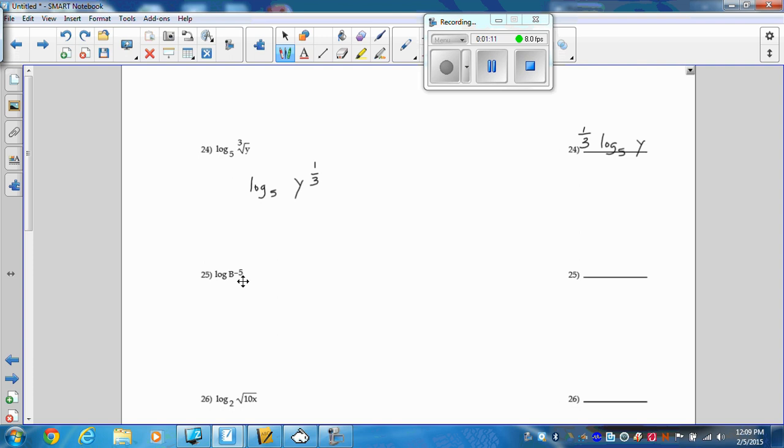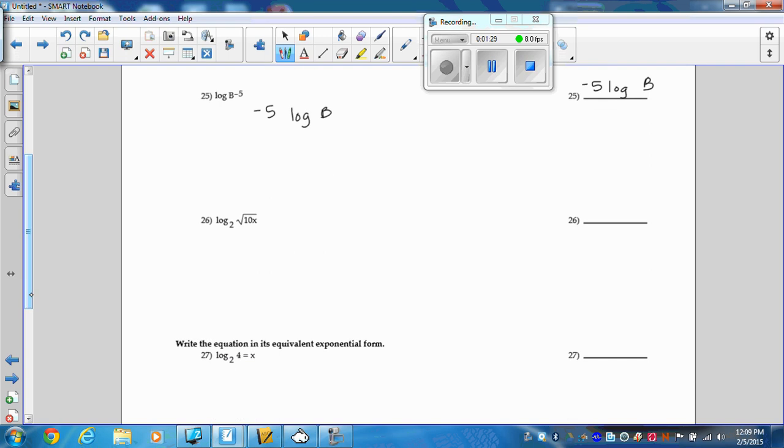And likewise, this one would be -5 log b. And remember, this is base 10, so you don't have to write that, but it wouldn't be wrong to write that. So log b.